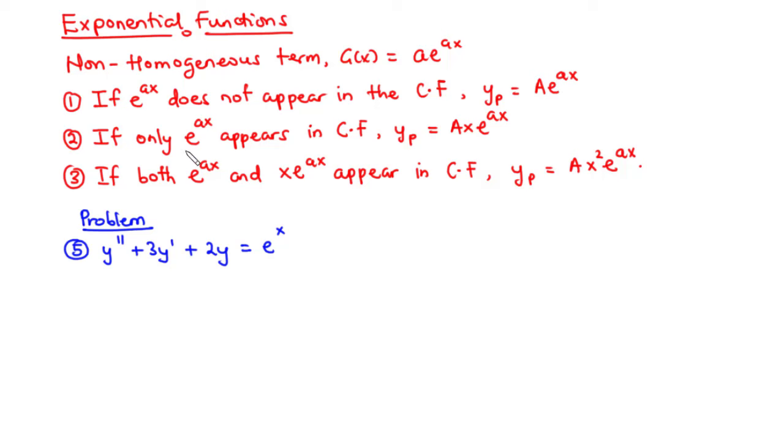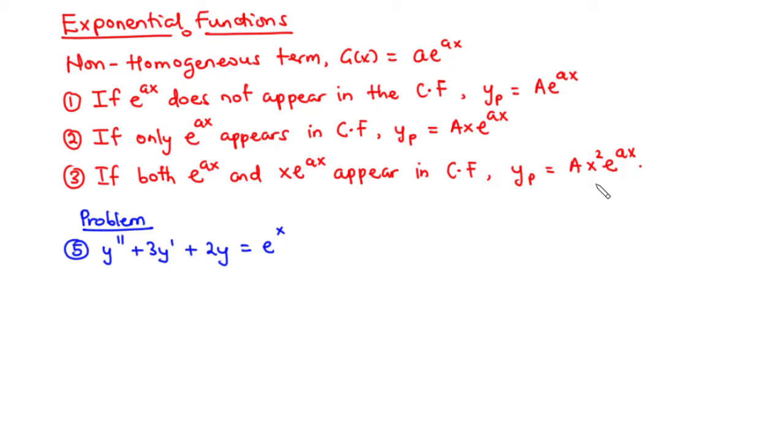Secondly, if only e to the power ax appears in the complementary function, then we establish yp equals A times x times e to the power ax. And then lastly, if both e to the power ax and x times e to the power ax appear in the complementary function, then we establish yp equals A times x squared times e to the power ax.